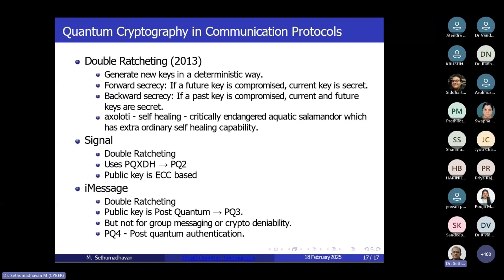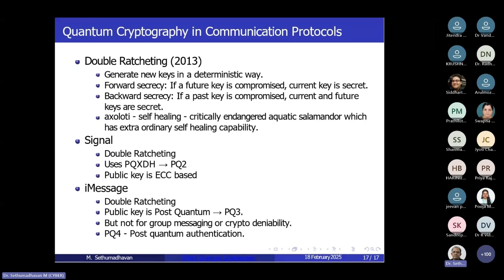That is, they reached PQ3, but there is still a problem with group messaging and cryptographic deniability, they are not using it, but for authentication purposes, they are using post quantum. These are all from a few months ago. Currently, I don't know what the standard is. They reached the level of PQ4.